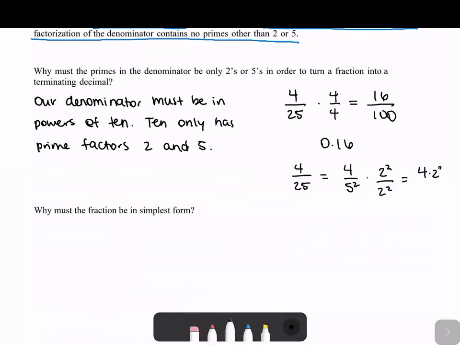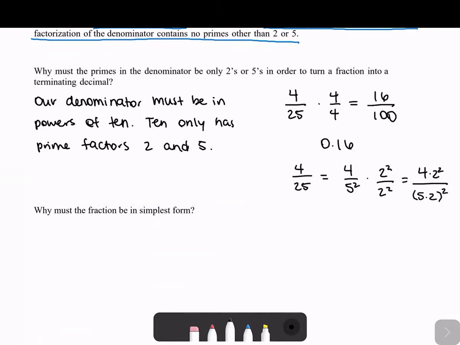So we get 4 times 2 squared on the top and 2 times 5, which is 10 squared, on the bottom, right? We have this property of exponents: if we have bases raised to the same exponent, we can just multiply them together. And that's 10 squared on the bottom, which is exactly the same thing we have above, but it happens for this reason of the prime factorization.